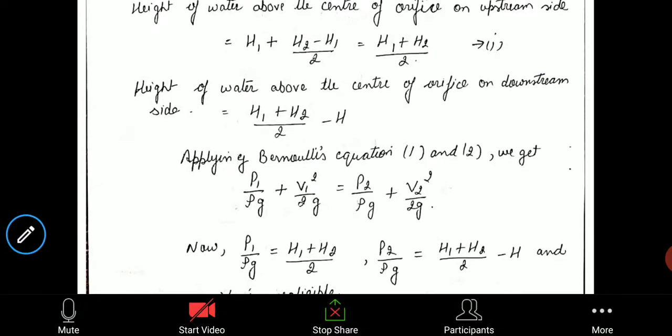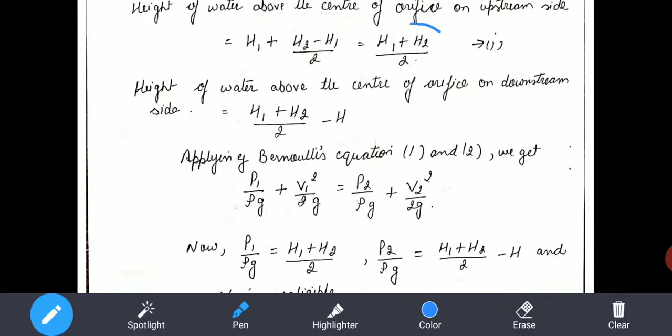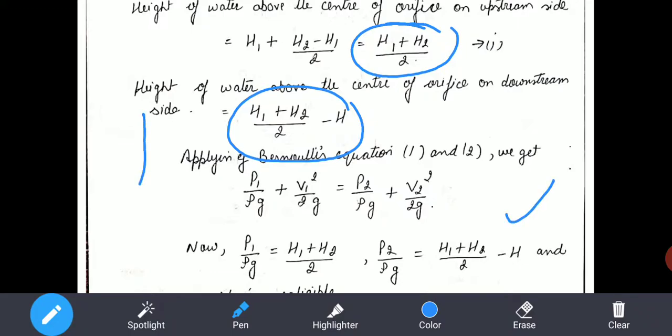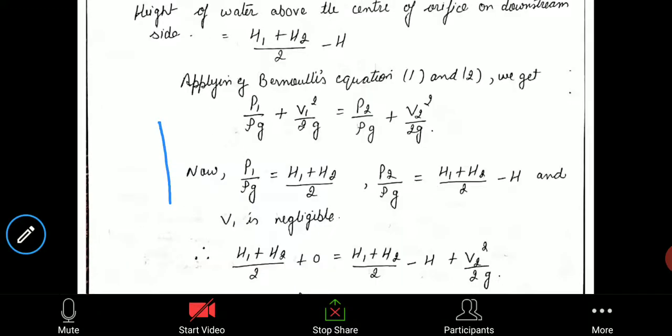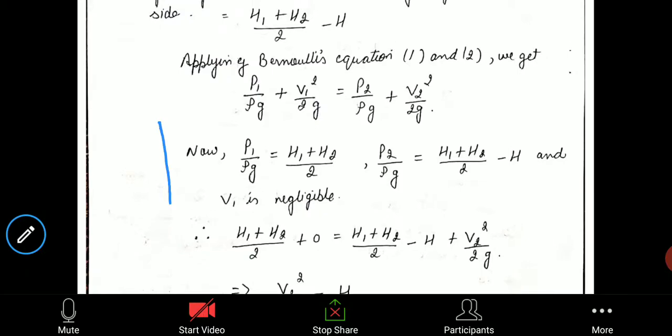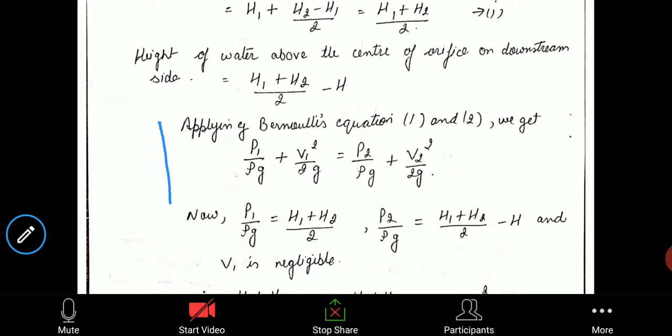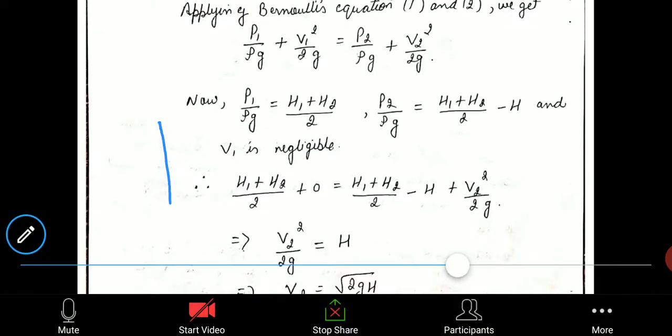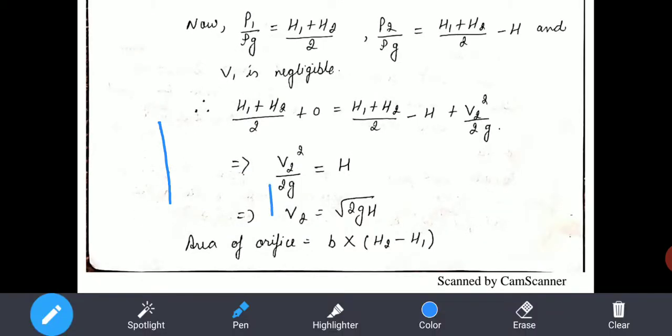P1 upon rho g is equal to this, (H1 plus H2) divided by 2, and P2 upon rho g is equal to (H1 plus H2) divided by 2 minus H. After this, as I already told you in the previous case, in the tank the velocity of water is almost negligible because it is in still condition. So put all these values and finally we obtain the value of V2, which is under root 2gH.